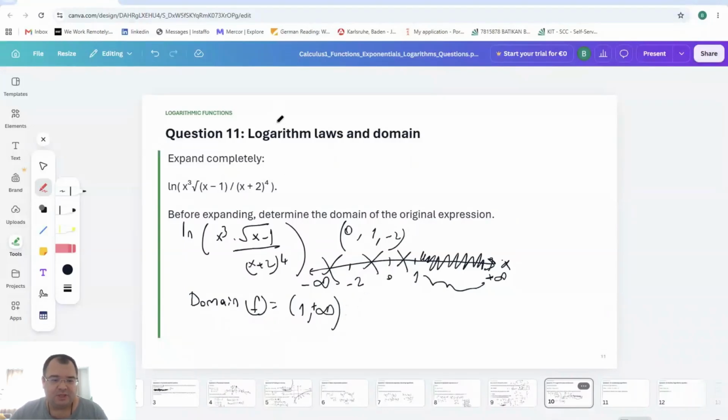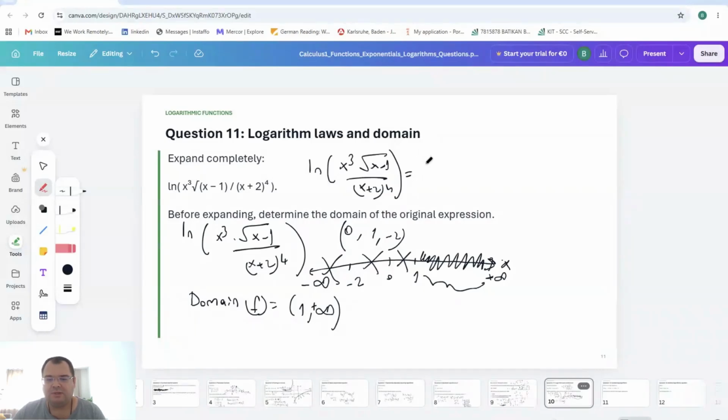And let's do the expansion for the function itself. You have ln of x to the 3 times the square root of x minus 1, divided by x plus 2 to the 4. The multiplication can be written as addition when you put it outside of the logarithm, and the division can be written as subtraction.